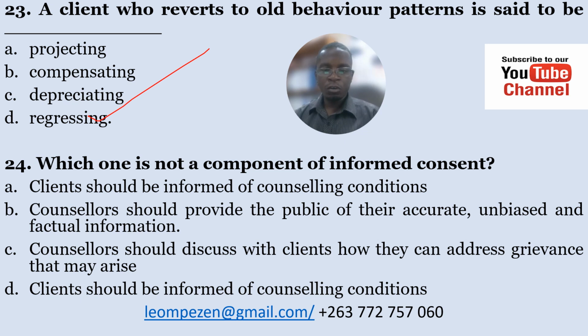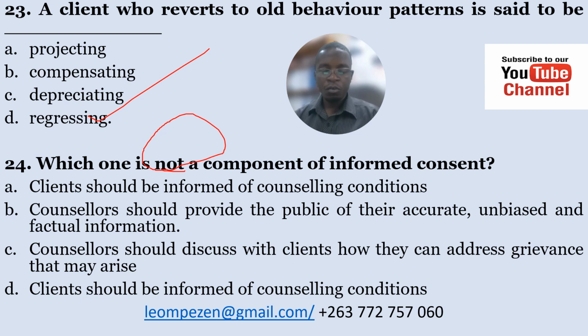Which one is not a component of informed consent? A, clients should be informed of counseling conditions. B, counselors should provide the public with accurate, unbiased and factual information. C, counselors should discuss with clients how they can address grievances that may occur. D, clients should be informed of the counseling conditions. The keyword here is not.